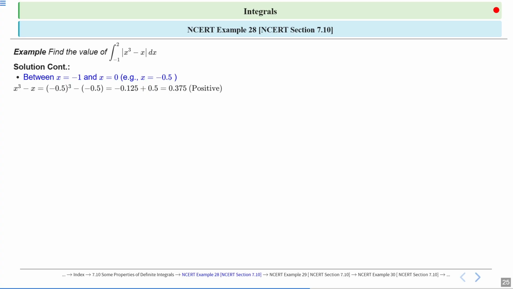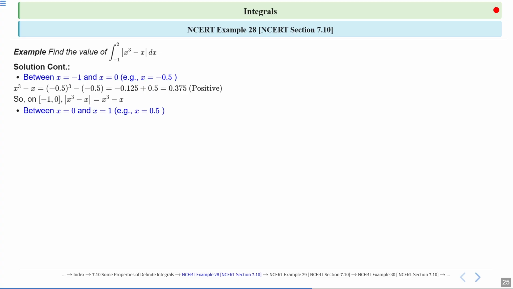In the entire interval the function is positive, because to change the sign of that function, it must cross the x axis, and it only crosses the x axis at -1, 0, and 1, and we checked the interval -1 to 0. So on -1 to 0, we can remove the absolute sign and we get x cube minus x, because in this interval the function is positive.